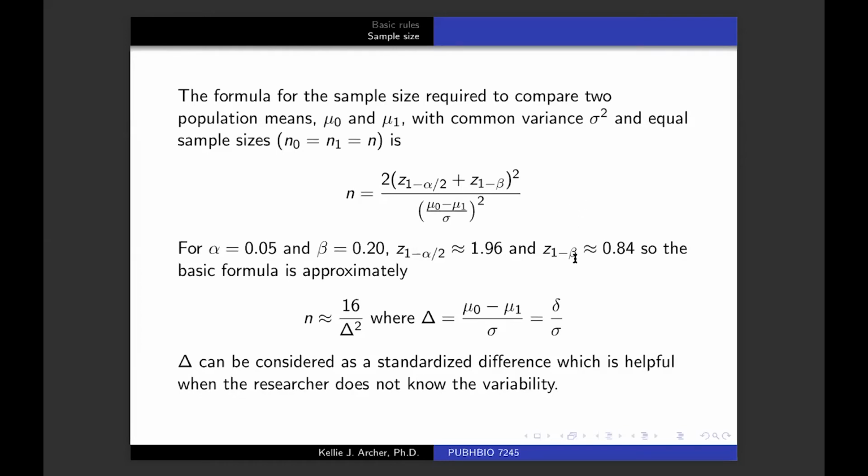Note that in a pinch, such as during a meeting, this formula can be approximated by this equation. Note that the delta, which is in the denominator and is squared, is simply the denominator of our sample size formula. Therefore, delta can be considered as a standardized difference, which can be helpful for the researcher who does not know the variability associated with their data.